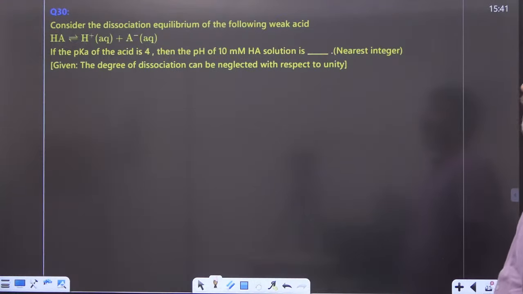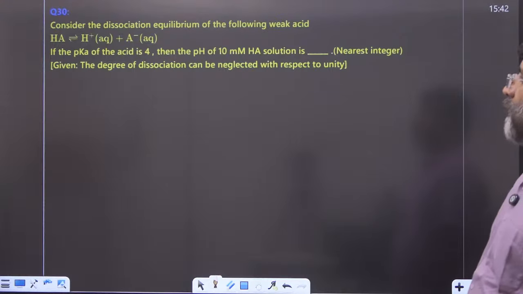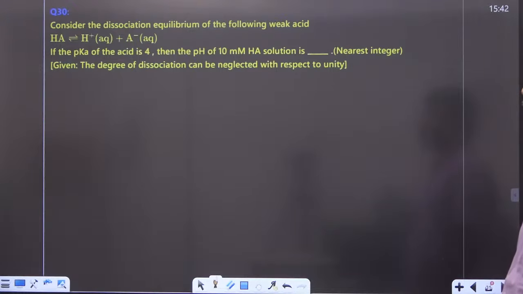Question 30. Consider the dissociation equilibrium of the following weak acid, HA giving H plus and A minus.